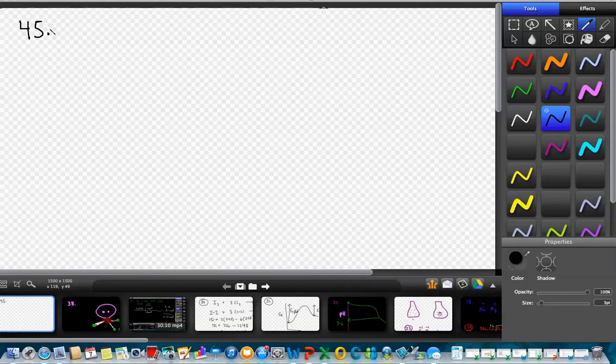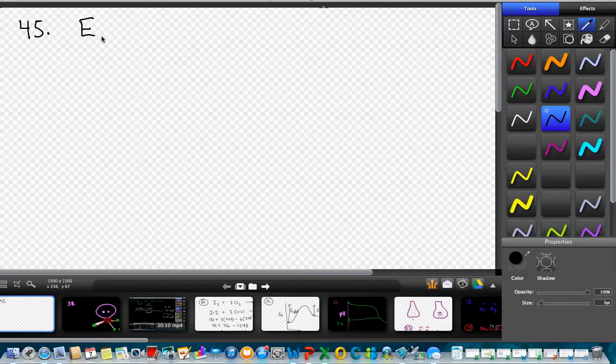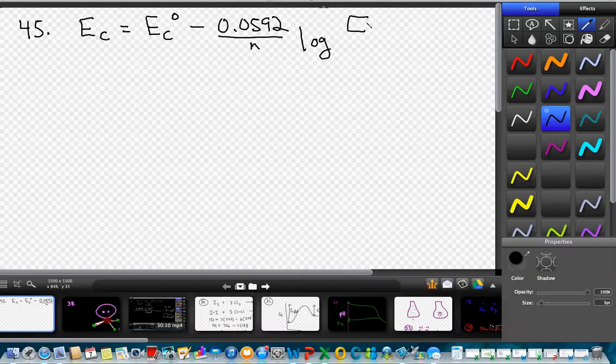If you have a galvanic cell and the E cell reduces, what has happened, and you can see this from the Nernst equation, concentration of products. In this case, the product is going to be zinc 2 plus over the reactant, which is Cu 2 plus.